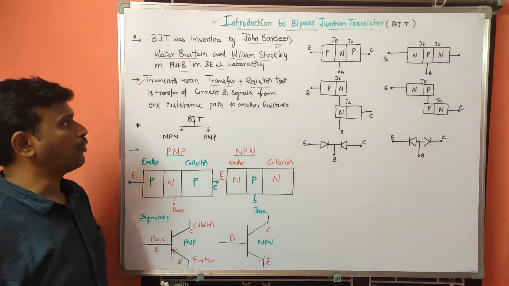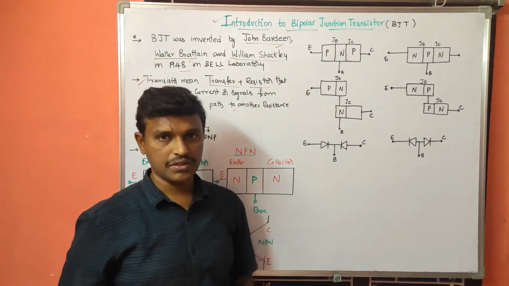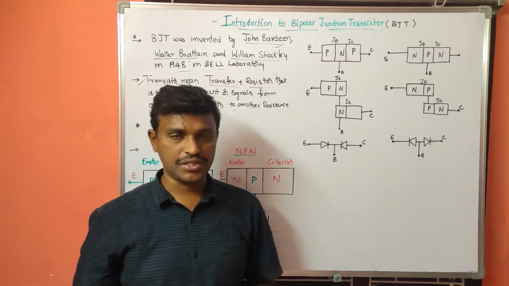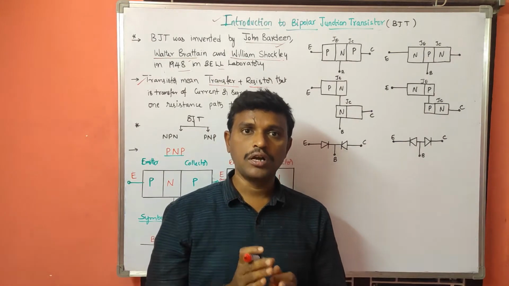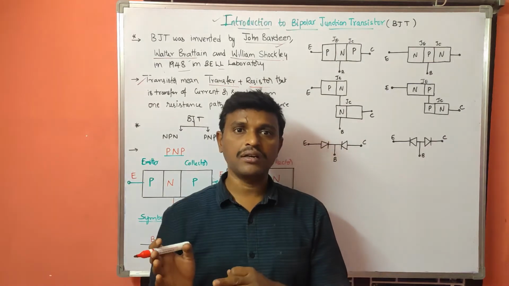Now we'll go with the actual bipolar junction transistor. So bipolar junction transistor is a three-terminal device. It consists of PNP and NPN layers.